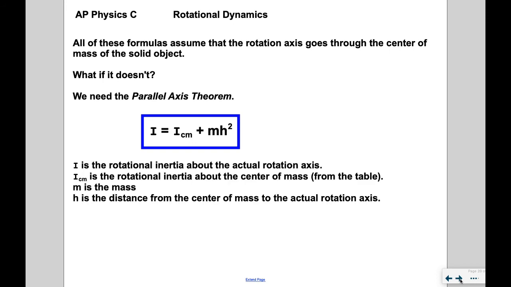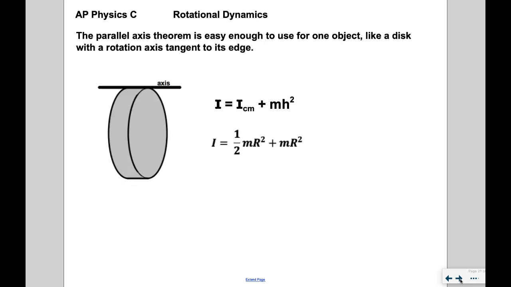I here is the rotational inertia about the actual rotation axis. I sub CM is the rotational inertia about an axis through the center of mass, which we would get from the table. M is the mass of the object, and h here is the distance from the center of mass to the actual rotation axis.